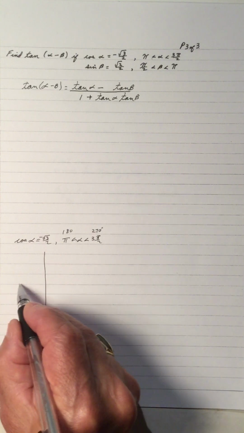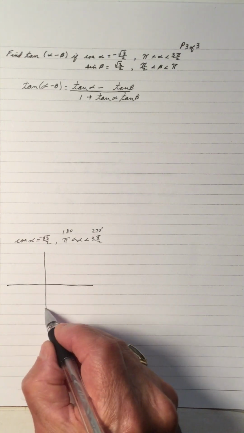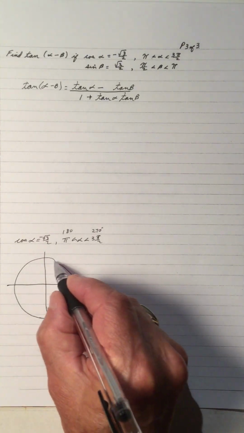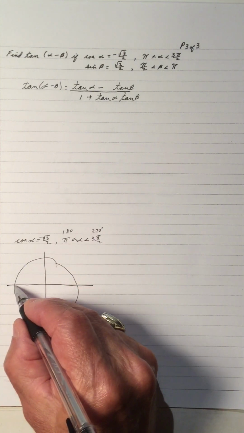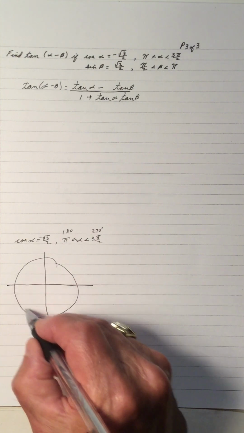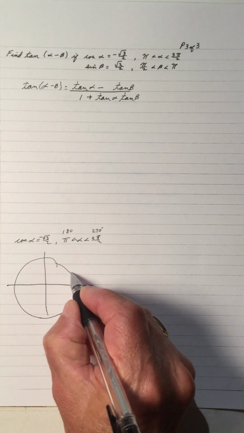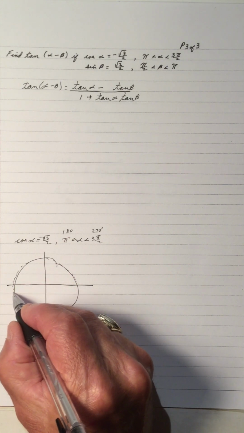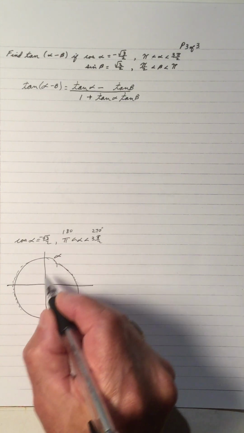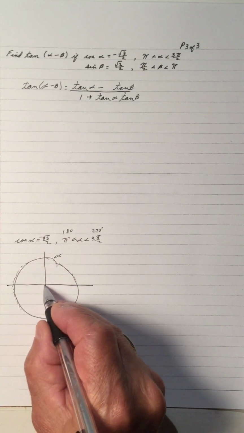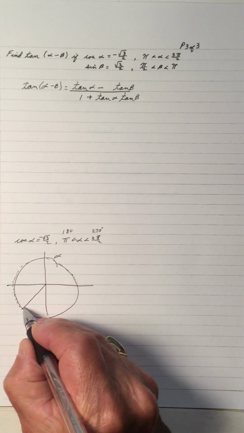If I draw the diagram to illustrate this, that's between 180 and 270. So that means alpha is all the way around to here. So that's alpha.